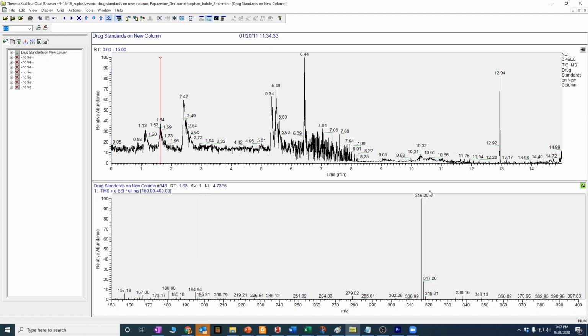So if we click here, we get this big peak at 316, little peak at 317, 318. These are called isotope peaks. Again, we'll explain that also. But we get this big signal at 316. Now, mass spectrometry is quite powerful. We're going to be able to tell what this is, or have a very good idea of what it is, based on this spectrum.